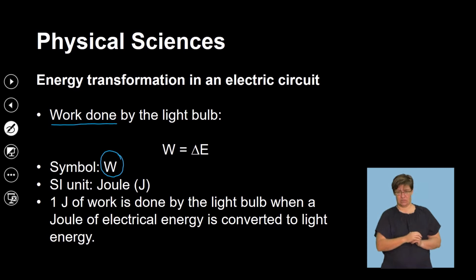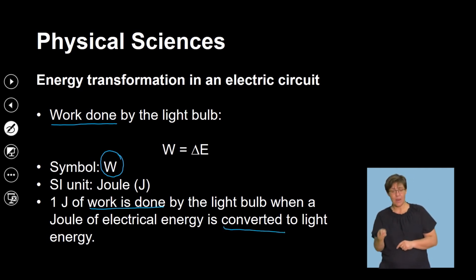The SI unit is the joule. And we've said 1 joule of work is done when 1 joule of electrical energy, for example, in a light bulb, is converted to light energy. So a joule of work is done by the light bulb when a joule of electrical energy is converted. So we're saying work is done when energy is converted, from one form to the other. That's the main idea, all right?